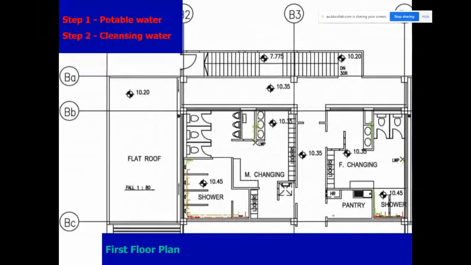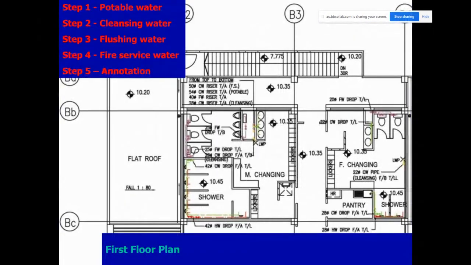For the first floor, also step by step. For example, from above to below. TL, what's the meaning for TL? To below is moving to the downstairs. If I'm on the second floor, go to the first floor.